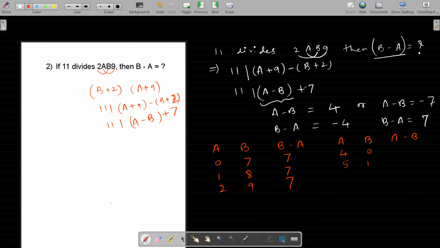Take this as 5, this as 1. And take this as 6, this as 2. And with all these cases, you can check whether the number is divisible by 11. Eight, 4, 9, 5, and that's it. Next, after 9, the number is 10, and it's not a digit. It's a 2-digit number, right?